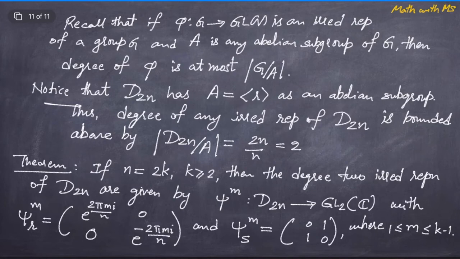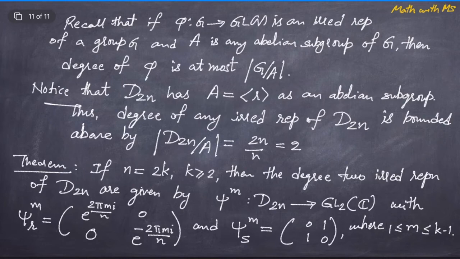Recall that if n equals 2k, then the dihedral group has k plus 3 conjugacy classes, and in this case we have already computed 4 irreducible degree 1 representations. If we show that all these psi m's, m bigger than or equal to 1, less than or equal to k minus 1, are irreducible, then we have these k minus 1 degree 2 irreducible representations.